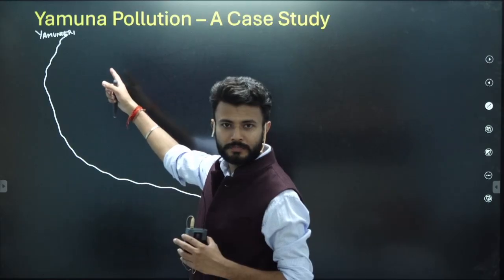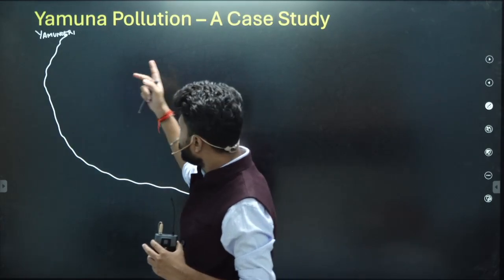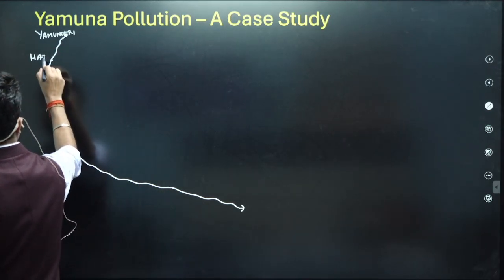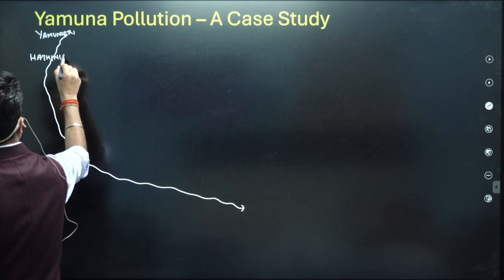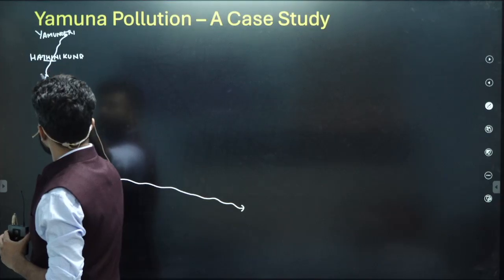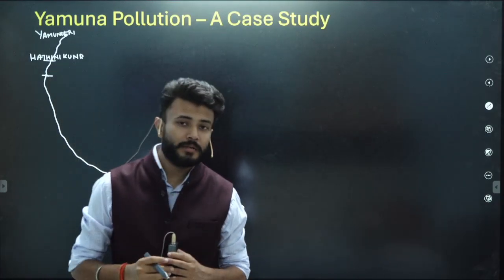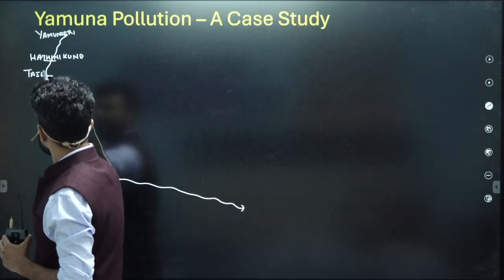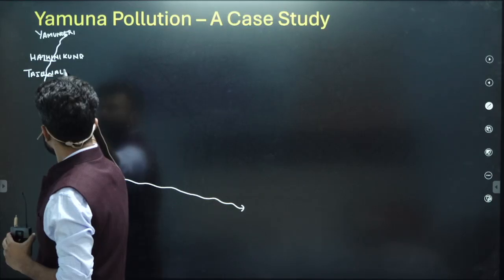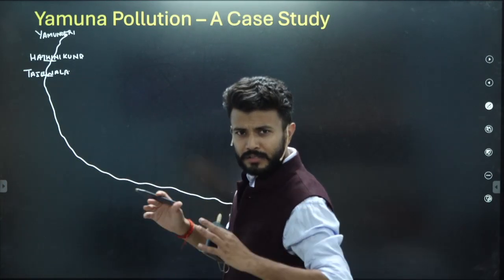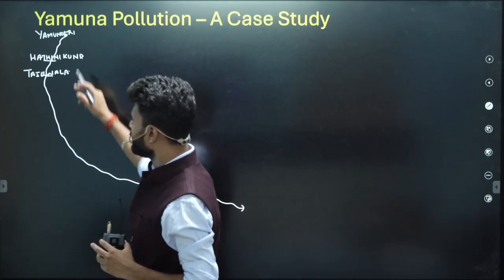We all know this particular point, right? The second important point here is the Hathni Kund barrage. Then here you have another important point, which is Tajewala. It is better if you remember these names. Even if you don't remember these specific names, the most important is the Hathni Kund barrage.